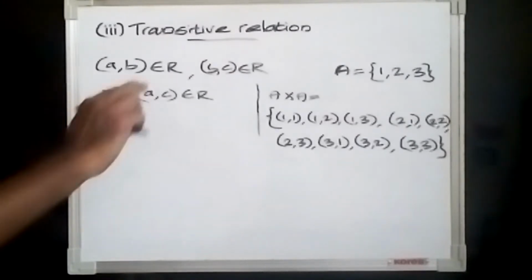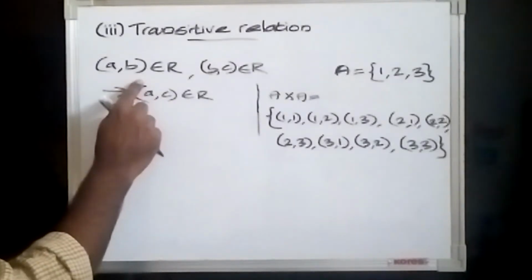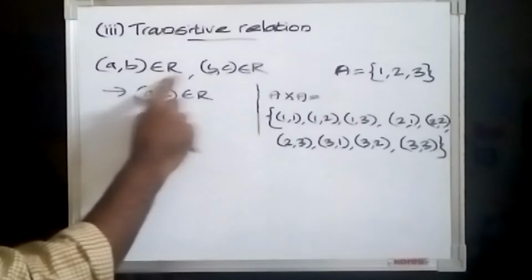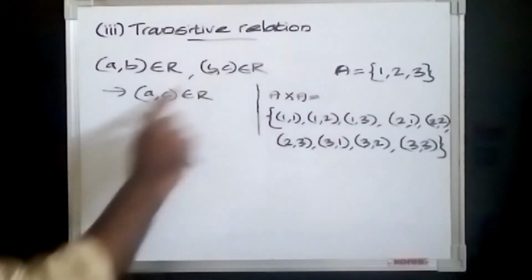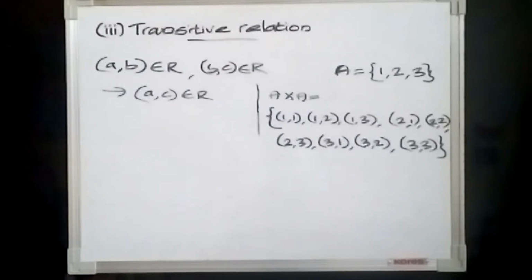The next one is a transitive relation. A transitive relation is one where if (a, b) belongs to R, that is a is related to b, and b is related to c, then a should be related to c.